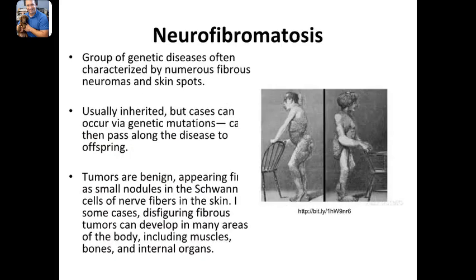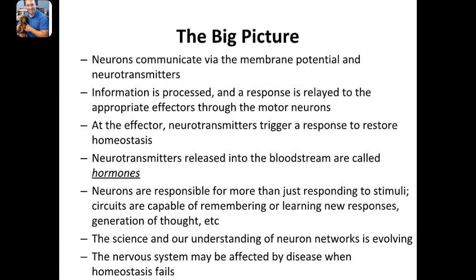Listen, I want you to understand this much, that the nervous system controls everything. The neuroendocrine system controls everything. It's a test question. Nerves and hormones, the conductor of the symphony, all right? Nerves fire via what's called an action potential. There's something called a resting membrane potential, and when the threshold of stimuli is met, boom, the nerve is going to depolarize, and the sodium channels are going to open, and then they're going to close.